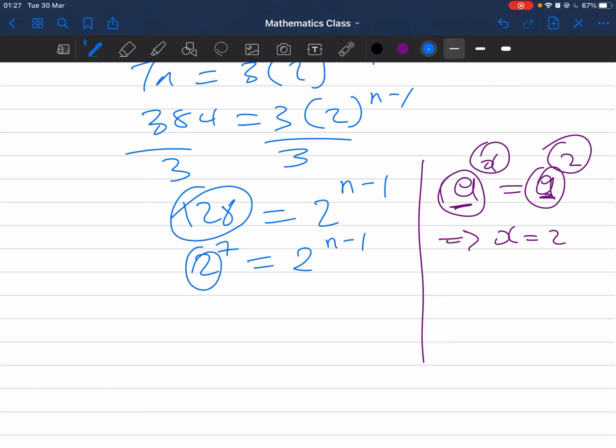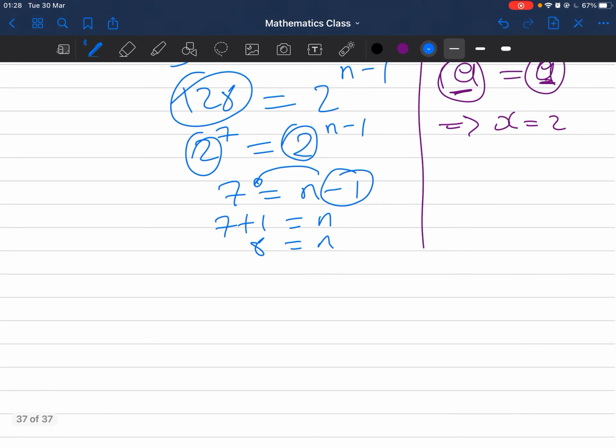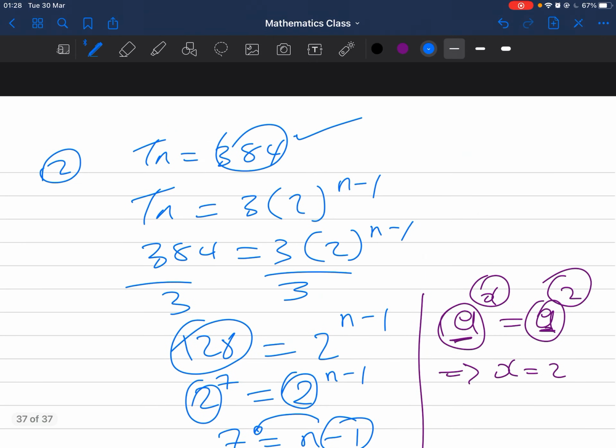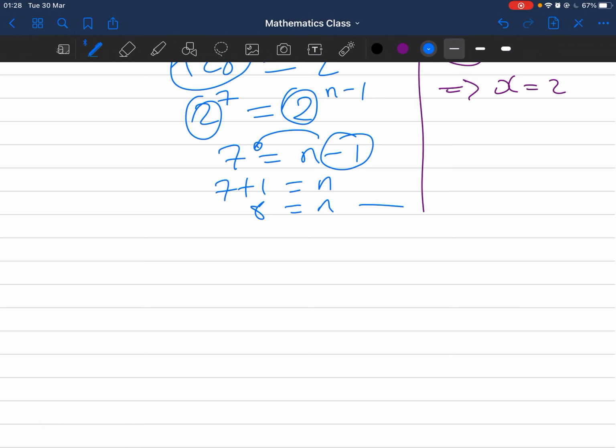You can punch in 2 to the power 7 and see it is 128. The bases are the same now, so you equate the exponents and solve for n. 7 plus 1 is equal to n, so 8 is equal to n. Now this is your end point.